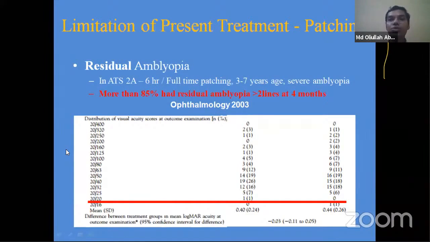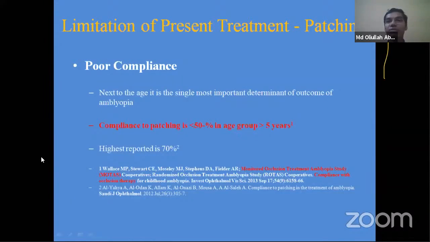It is from the largest group that reported on it. Even if you do full patching, 3 to 7 years of age, severe amblyopia group, like 6 hours a day, they did it, but still the same result. And there are studies that did complete occlusion, 12 hours a day, but still there were no better results than this.